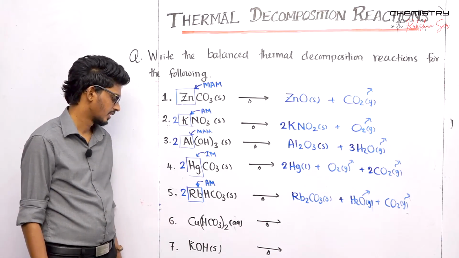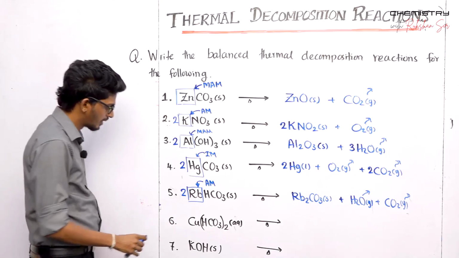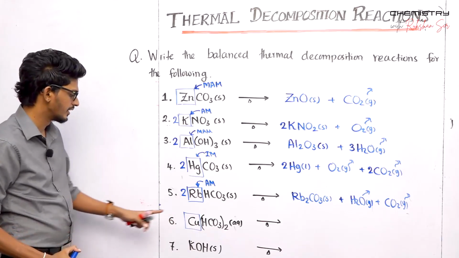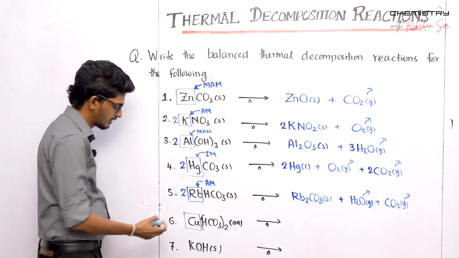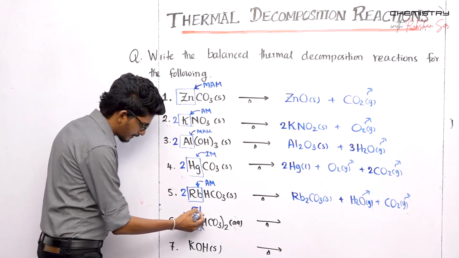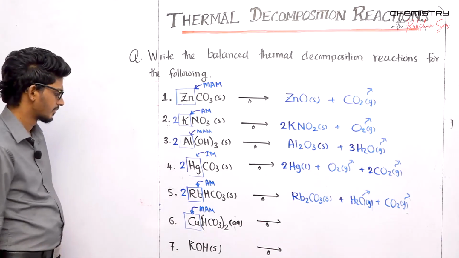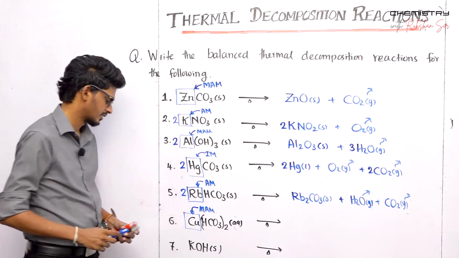This one, copper. To which category does copper belong? It does not belong to the active category. It does not belong to the inert category, right? That means copper comes under moderately active, right? So it's a bicarbonate decomposition.